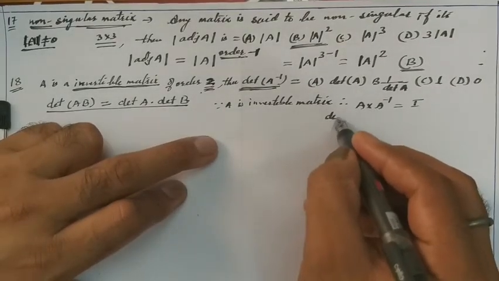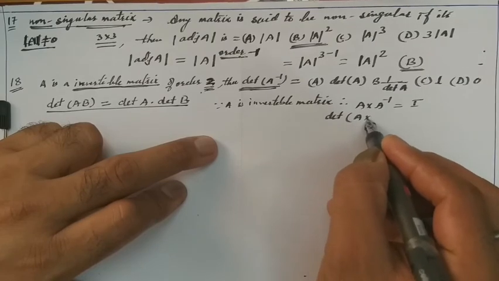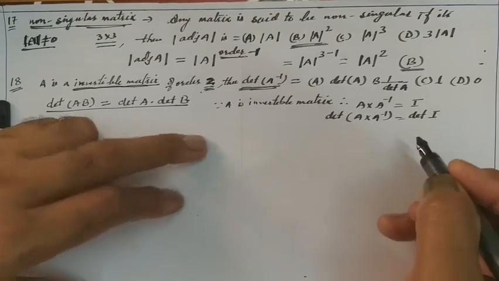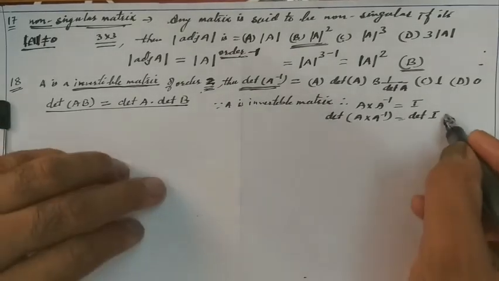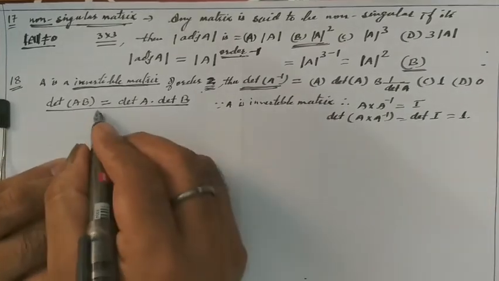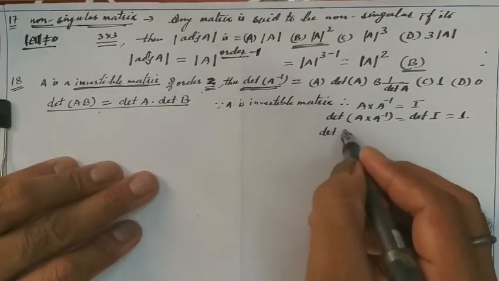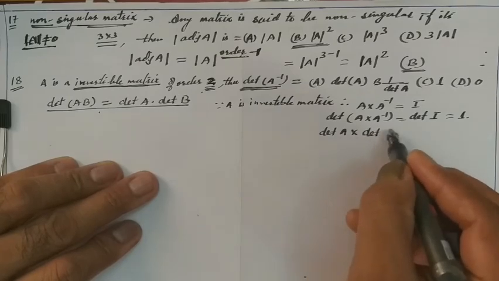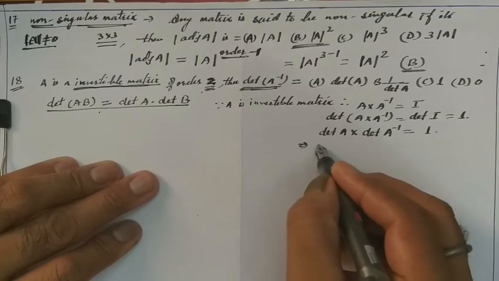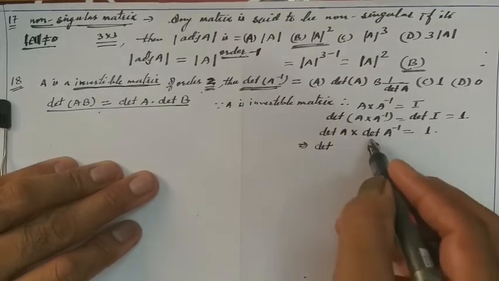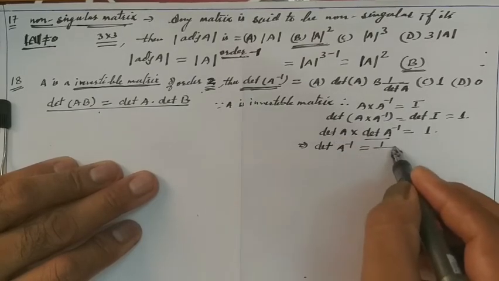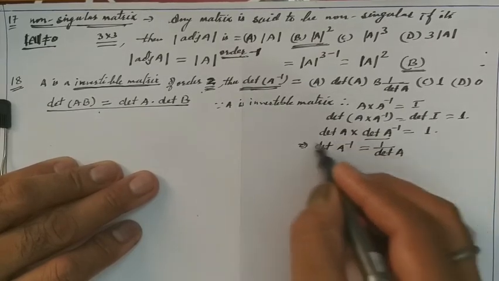Taking determinant of both sides, determinant of A into A inverse is equal to determinant of identity matrix, which is equal to 1. And this rule can be applied here. So determinant of A into determinant of A inverse is equal to 1, which implies determinant of A inverse is equal to 1 upon determinant of A.